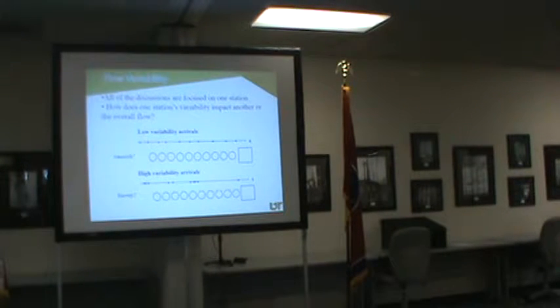So, in any of these waiting processes, there's a unique characteristic. You're waiting because there's a certain point that can process no more than X amount of people, in this case.